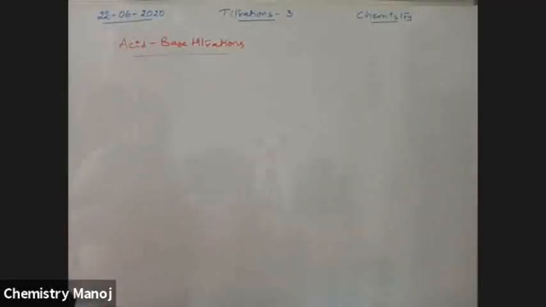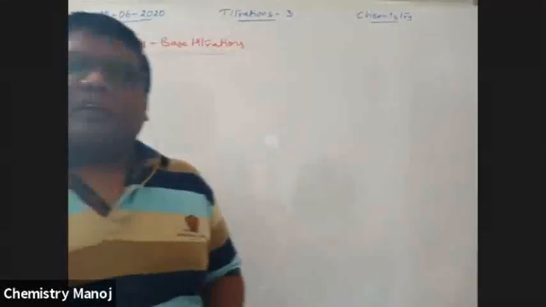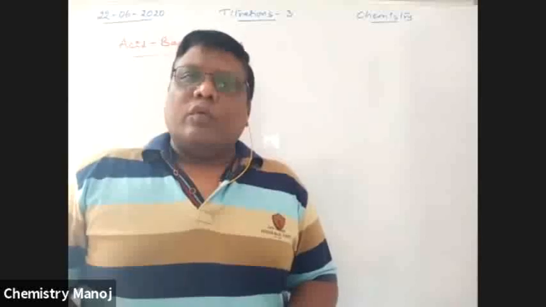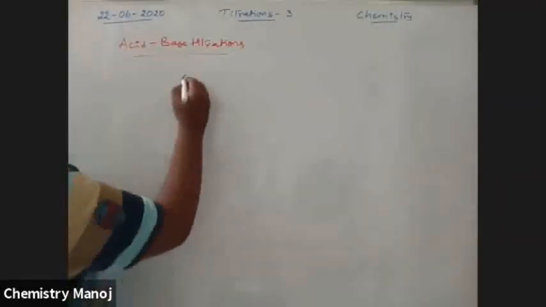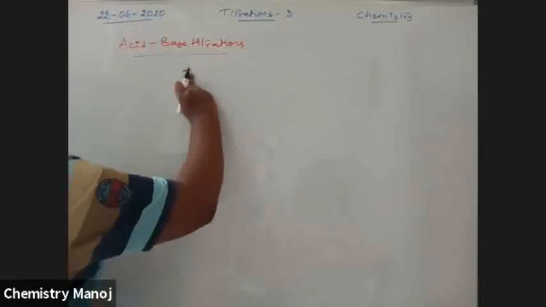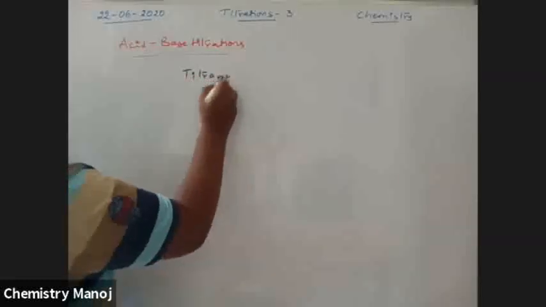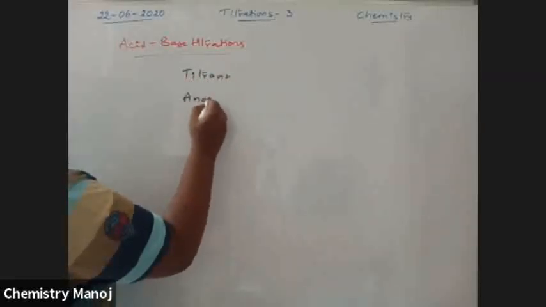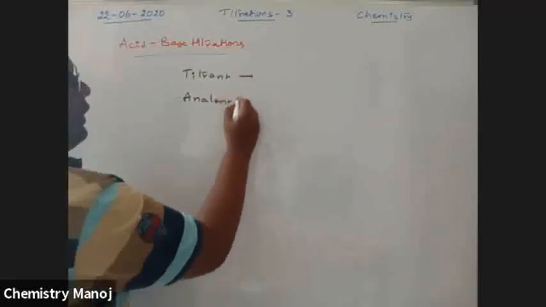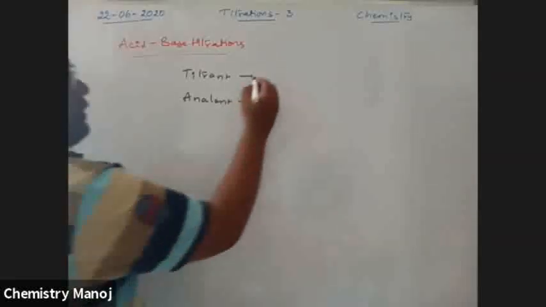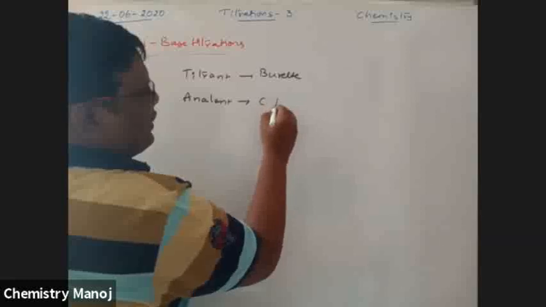Acid-base titrations, another type of titration. Here, acid and base are involved in the titration. We have two reagents: one is the titrant and the other is the analyte. The titrant is generally taken in the burette, and the analyte is taken in the conical flask.